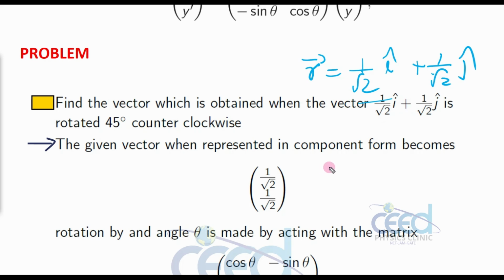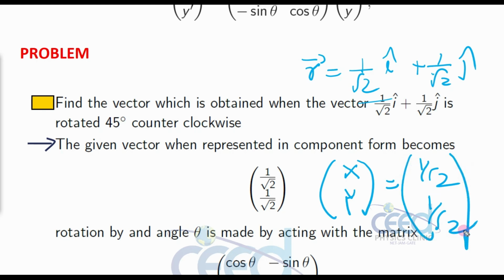The coordinate of this r is xy, that I can write as 1 by root 2, 1 by root 2. This is the matrix. Okay, so in vector algebra, if you have a column matrix like this, this means 1 by root 2 i cap plus 1 by root 2 j cap. Now let us go to the calculation.